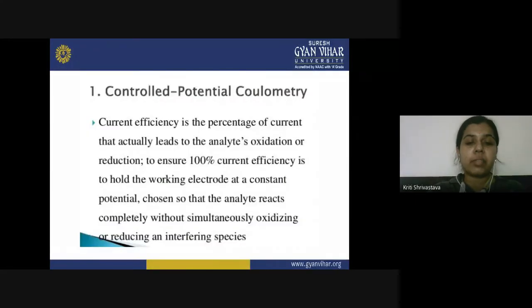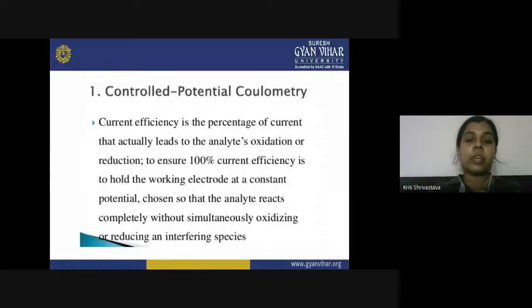Some interfering species could be present. So when you are controlling the potential in controlled potential coulometry, you need to adjust your potential in such a manner that at that potential only the electrolysis of your analyte is taking place and no other species is undergoing the electrolysis at that potential.